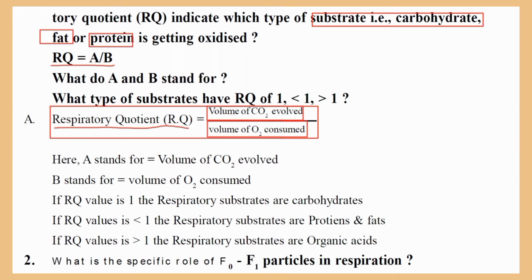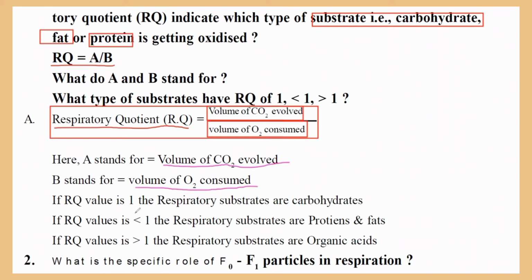Here A stands for volume of carbon dioxide evolved, and B stands for volume of oxygen consumed.